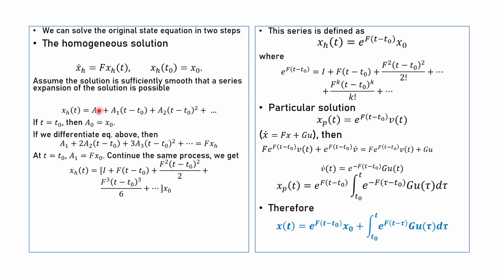If we differentiate this equation, then we drop the exponent of this term. For example, A0 just disappears, but then A1 you get here, and then A2 times t minus t0 to the power 1. Because you differentiate h, which means h dot, and h dot is just the same as F h here, so you have F h here, right?